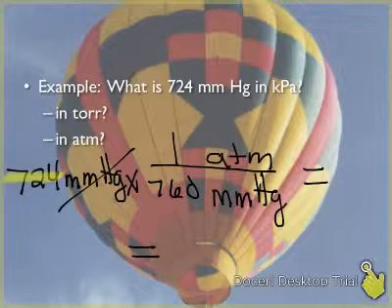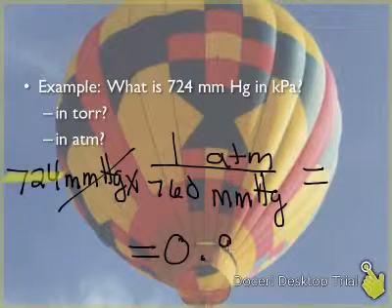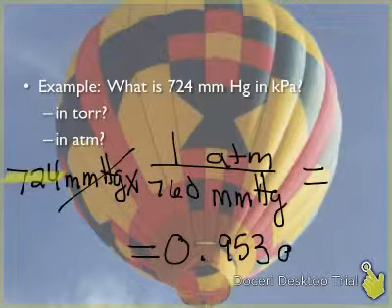And no, you do not have to memorize these, but you probably will after we use it a whole bunch of times. So all we have to do is take 724 divided by 760. Knowledge is telling us it's going to be less than 1. How many significant figures do we get to keep again? 3. So I'm going to round my answer to 0.953 atmospheres.